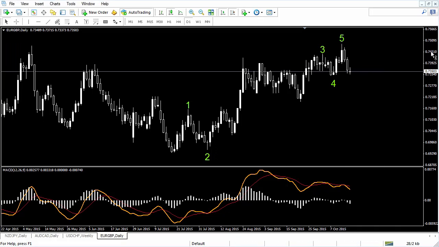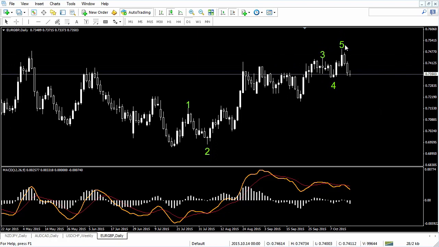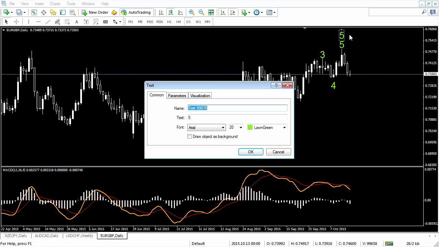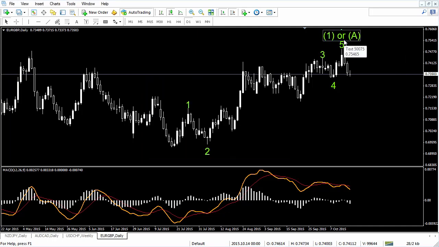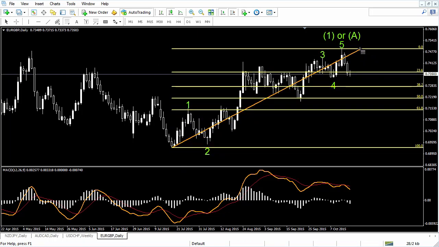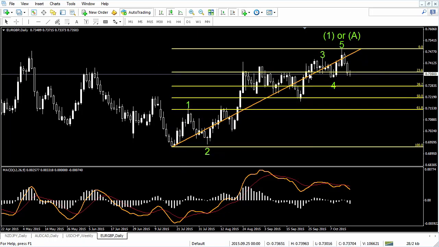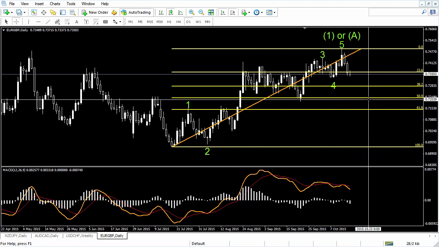So let's say we have a 5-wave move complete. We can expect a 5-wave move in the larger wave 1, or wave A only. So let's say this is wave 1 or wave A. We want to use Fibonacci retracement from start to end of this wave 1 or A and try to watch for the pullbacks.